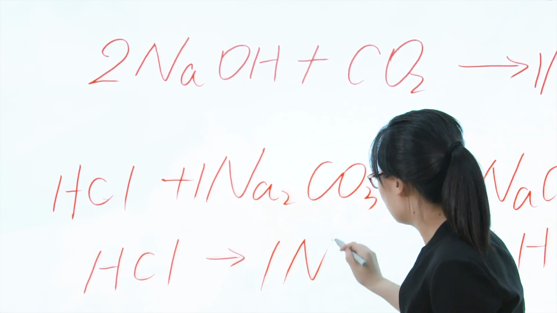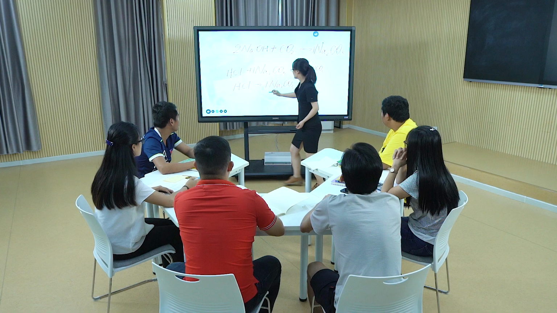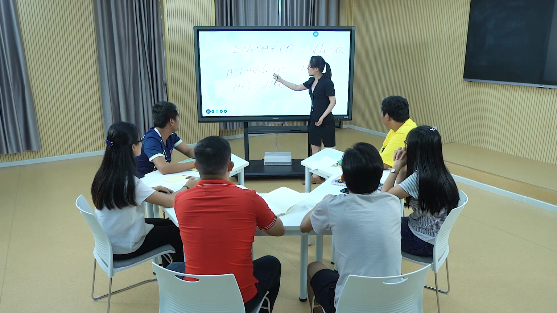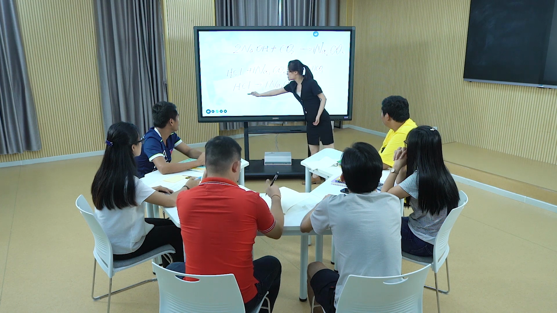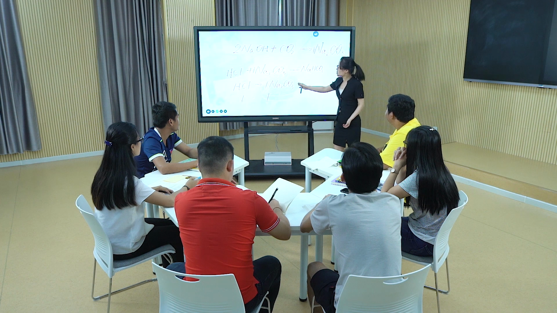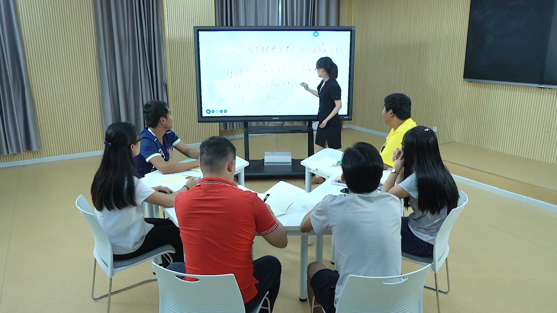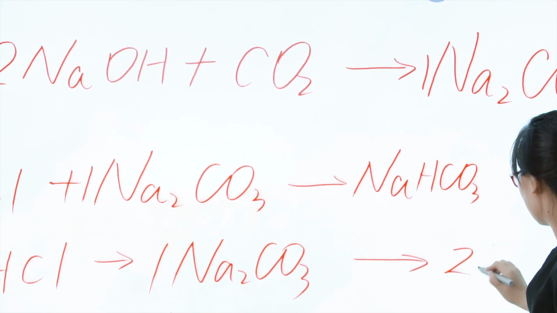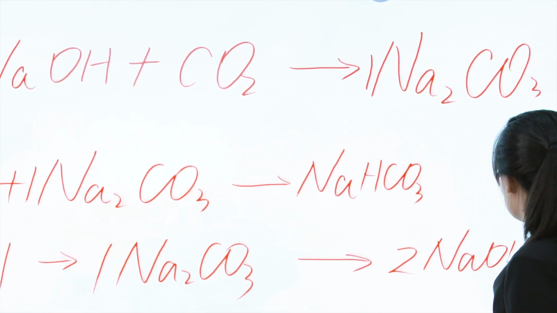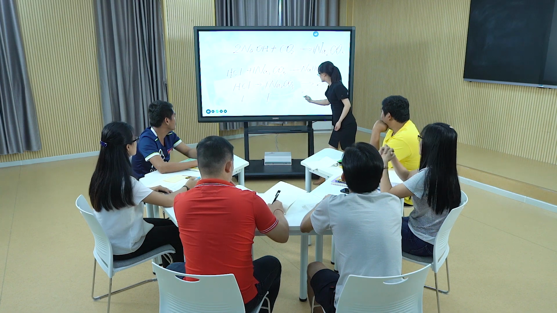Here HCl and Na2CO3 is 1 to 1. And Na2CO3 with NaOH is 1 to 2.